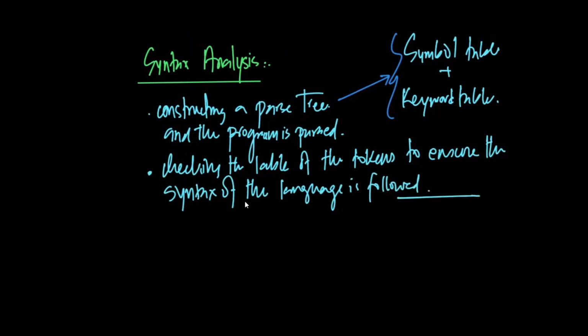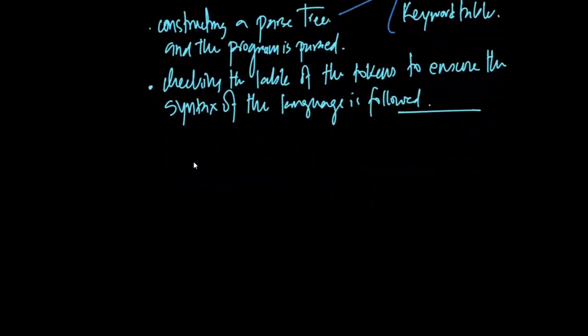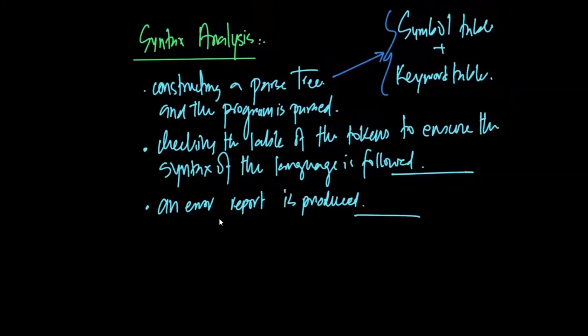That means we use the symbol table and the keyword table, and the computer tries to understand sequentially what comes after what. Basically, it reads through the programming language and sees if all the syntax has been followed. And finally, an error report is produced. The error report may contain no errors, telling us that there were no errors made in the programming language, or it may show us that there were some errors. This can be a question or an answer that may be asked for around 3 marks in the exam.